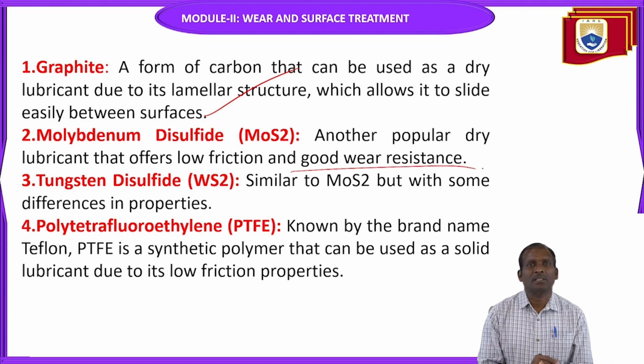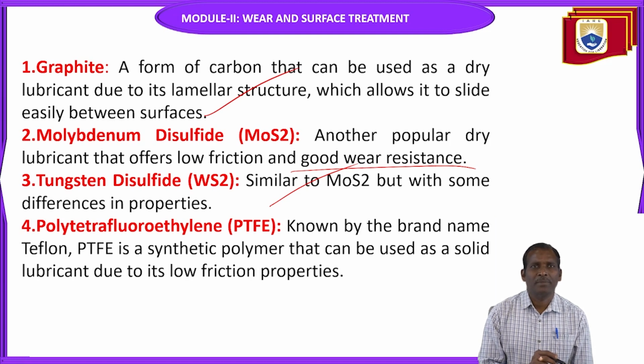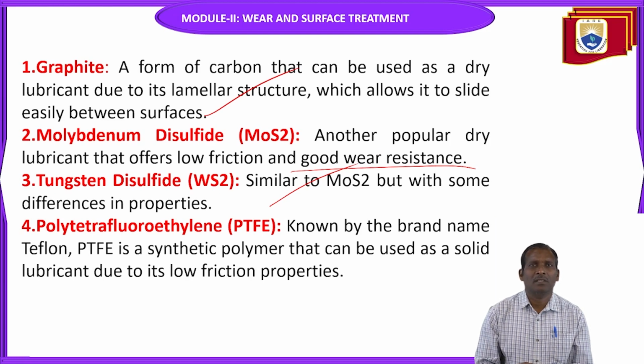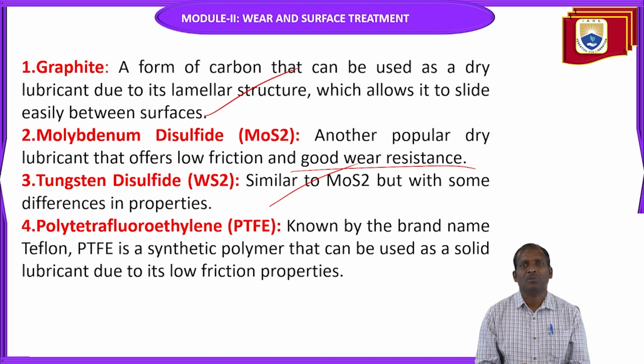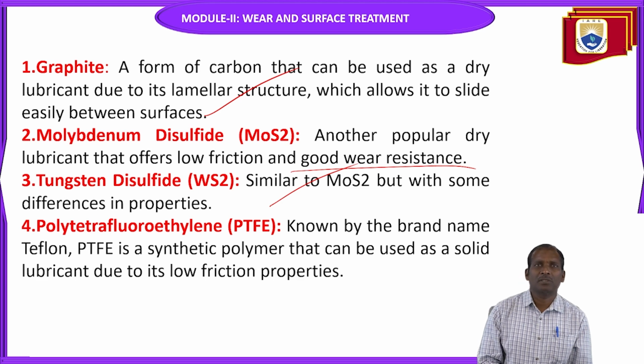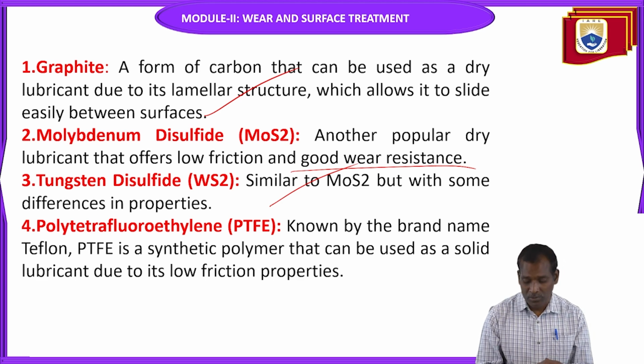Third one, tungsten disulfide, similar to MoS2 but with some differences in properties. The next is polytetrafluoroethylene, known by the brand name Teflon. PTFE is a synthetic polymer that can be used as a solid lubricant due to its low friction properties. So these are some types of solid lubricants.